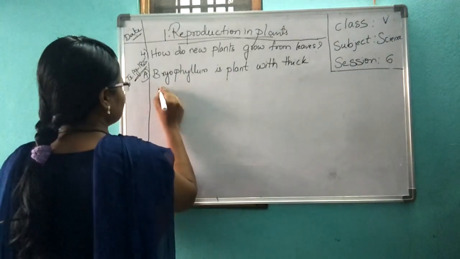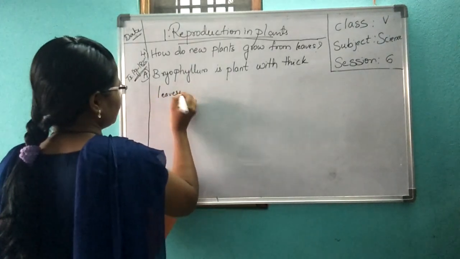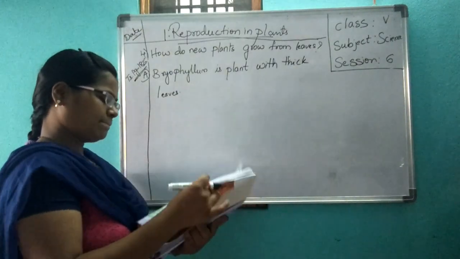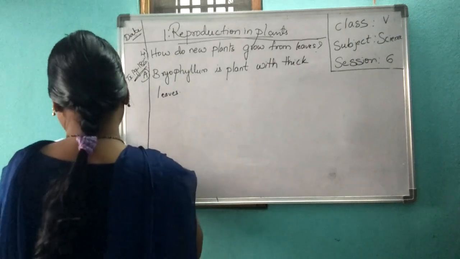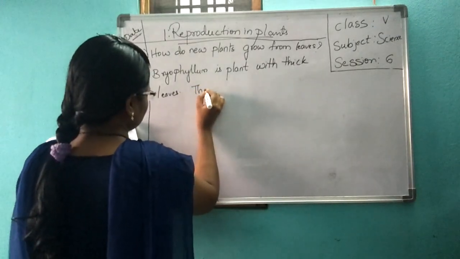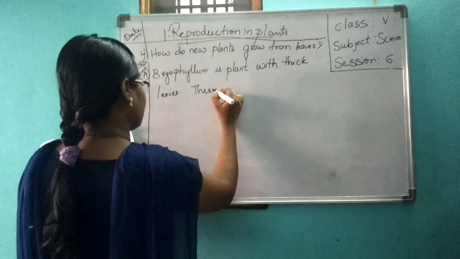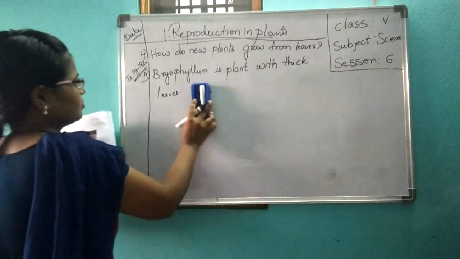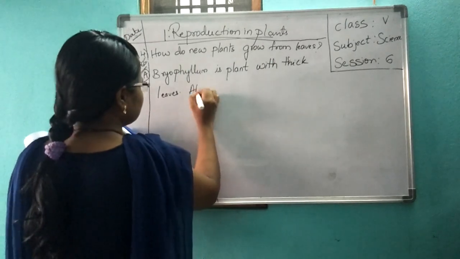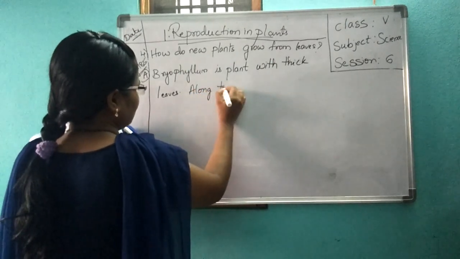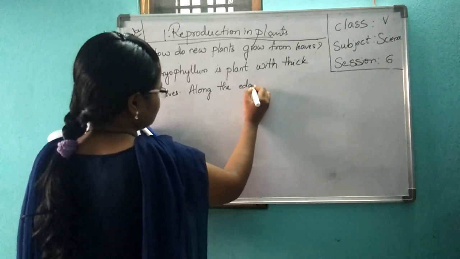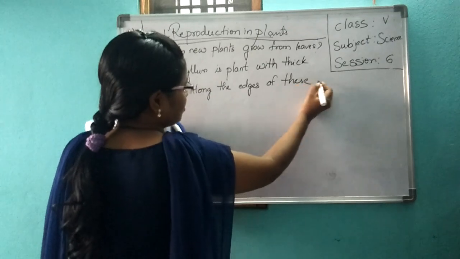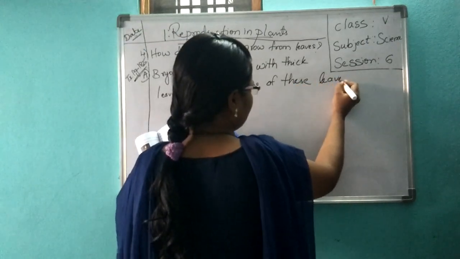With thick leaves. Now, from these thick leaves, you are getting new buds. Along the edges of these leaves, what are you getting?